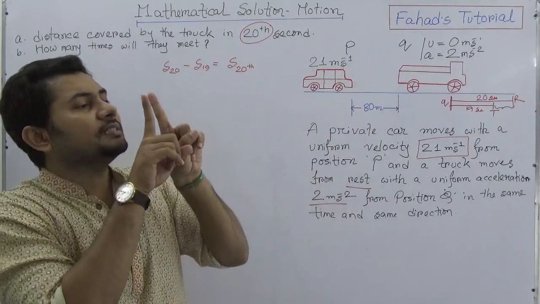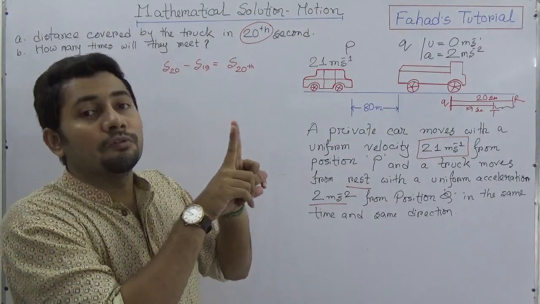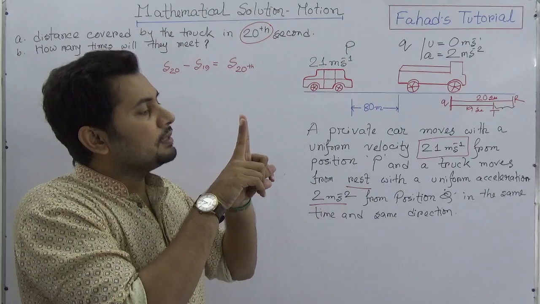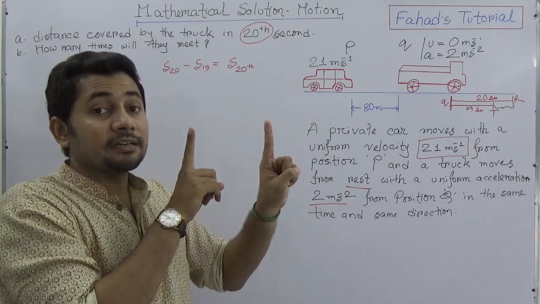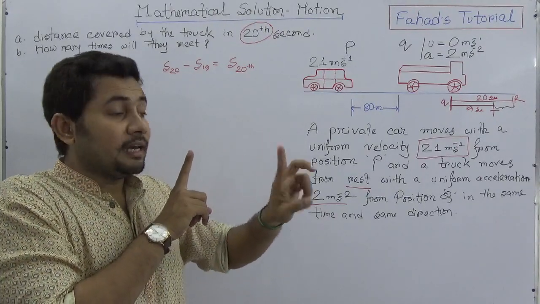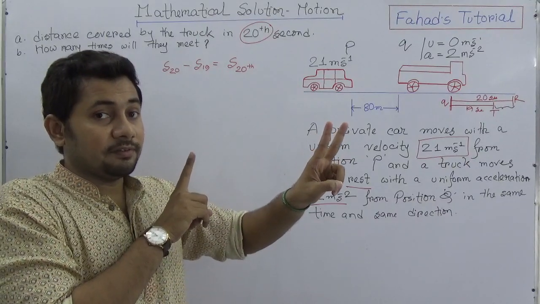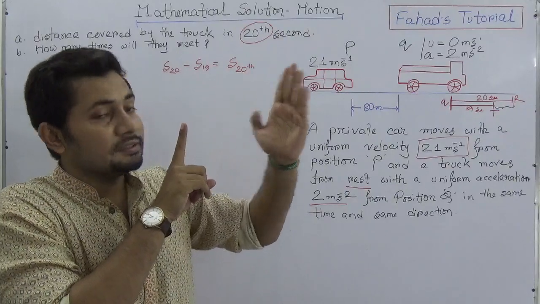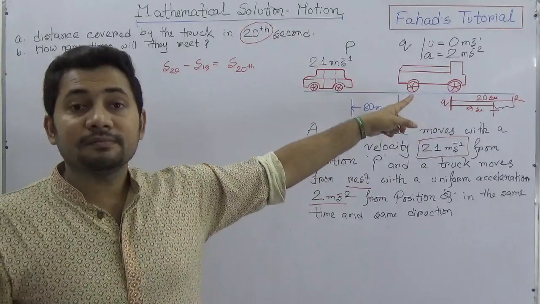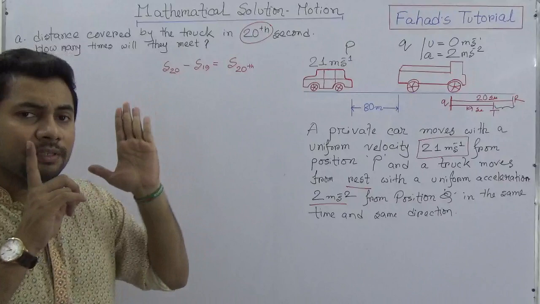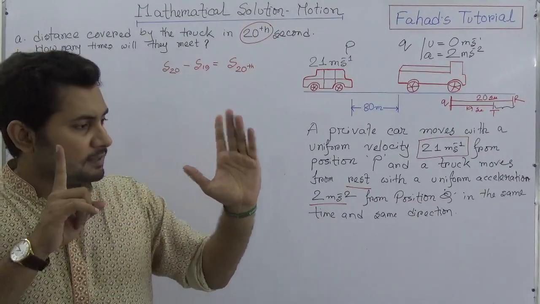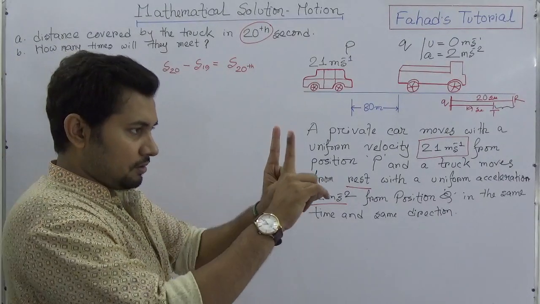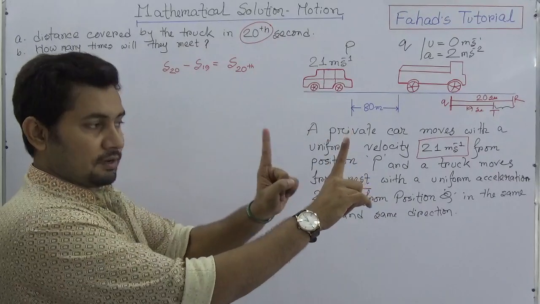You think about this truck: it just started with no velocity, so it will reach 2 meters per second velocity in 1 second, and then 4 meters per second velocity in 2 seconds. So the velocity is rising because of the acceleration. Within a very short time, the private car will cross the truck.